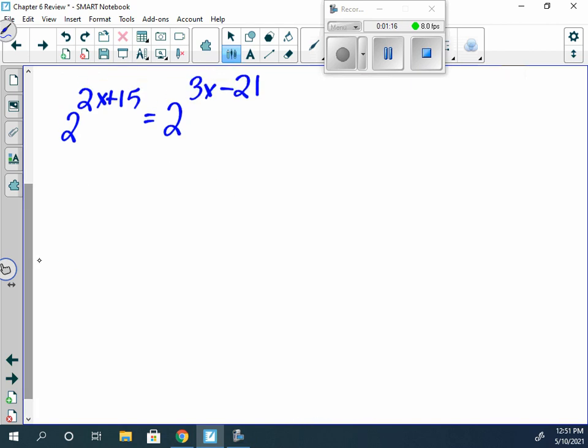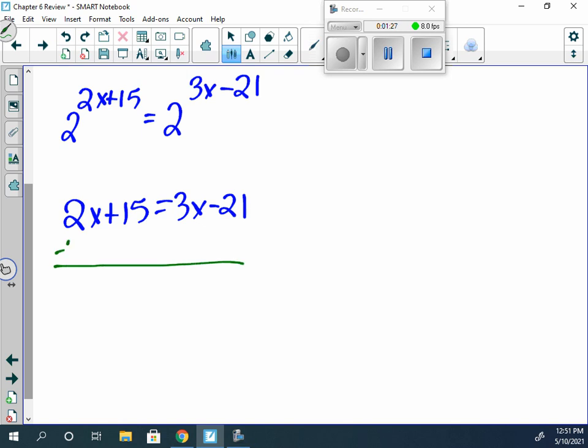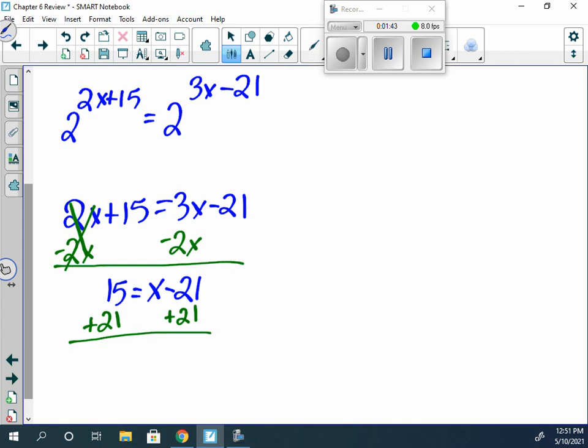And since the bases are the same, it means the exponents need to be the same also. And at this point here, we can solve for the value of x. So for this one here, x is 36.